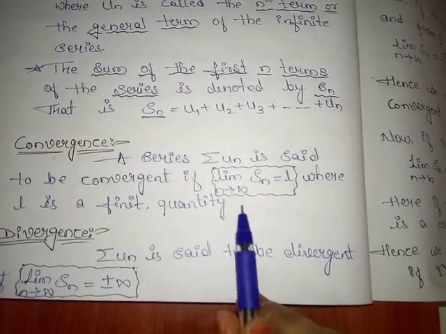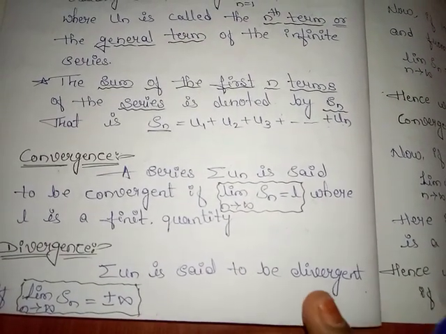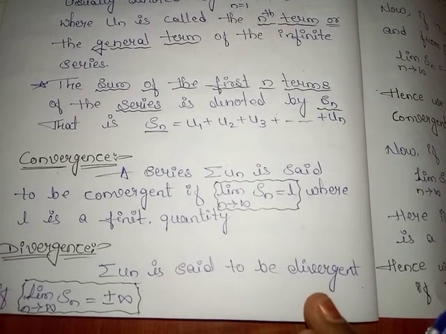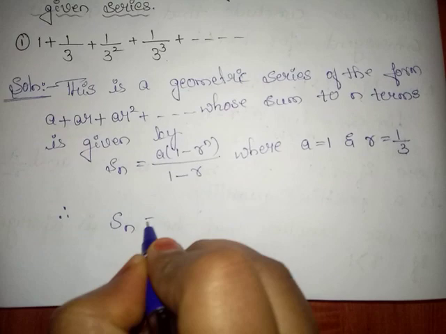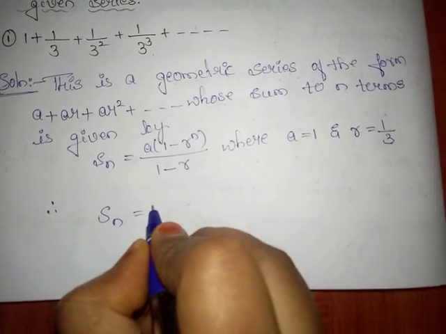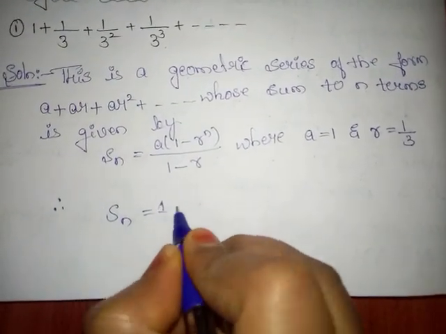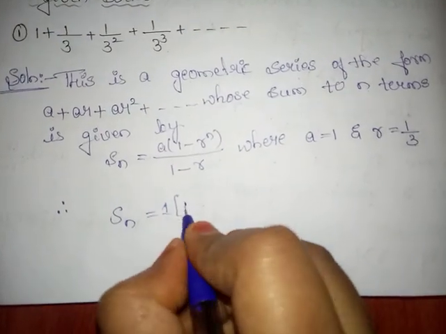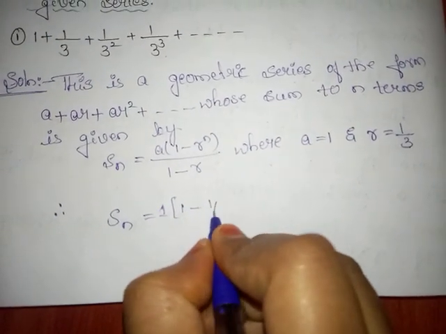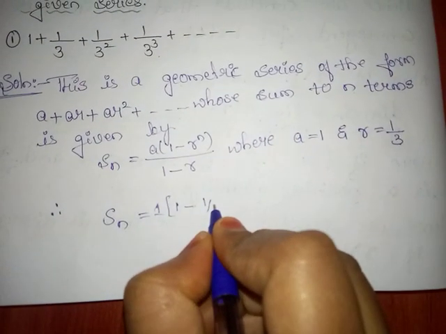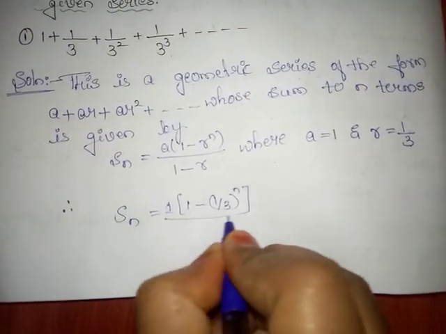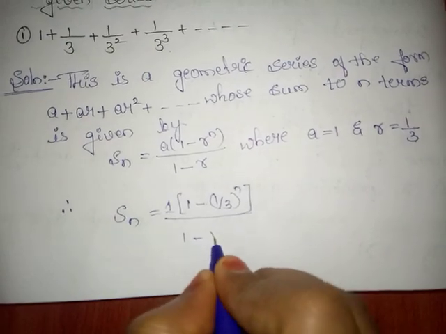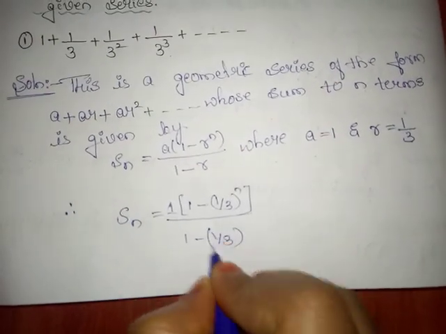Before applying the limit to the given example, first substitute the value of a and the value of r. The value of a is 1, into 1 minus 1 by 3 whole raised to n divided by 1 minus 1 by 3.